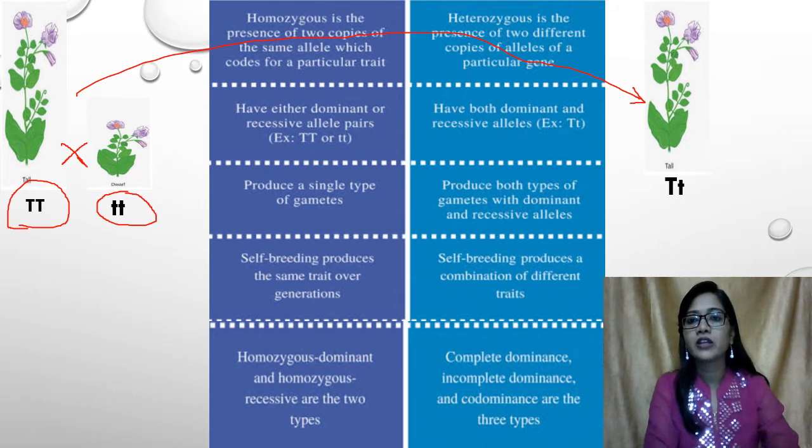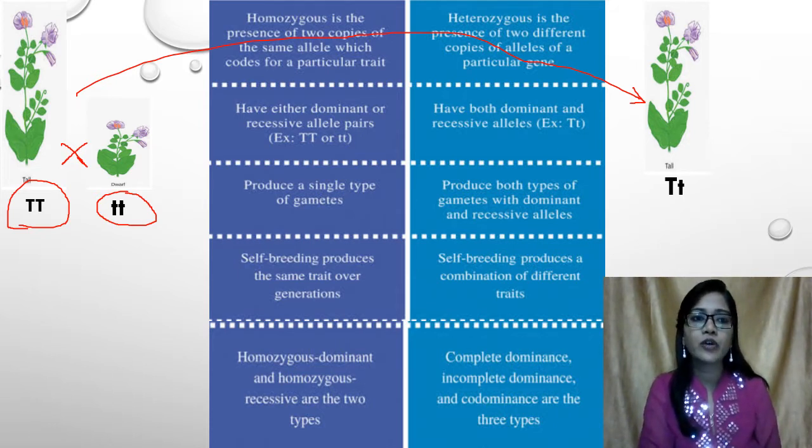This is the F1 generation, which carries the genes, one from the female plant and one from the male plant, capital T and small t. So this condition is known as the heterozygous condition, where the gametes are not similar, they are different.